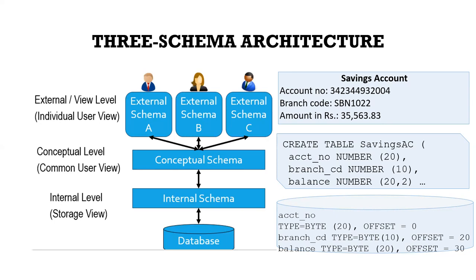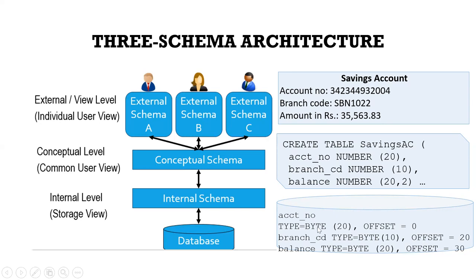The last thing is the internal schema, which is a storage view, connected with the database. Inside the storage of the database, it will look like mnemonic codes. So account number, type equal to byte.